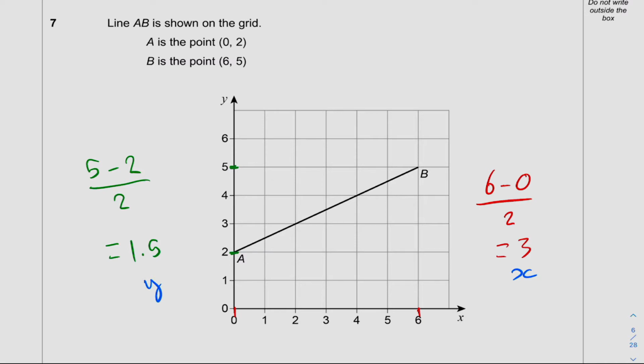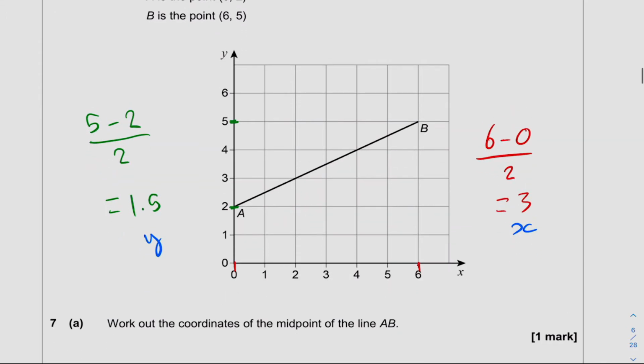Now we start with our smaller coordinate, so the one that's at the bottom of the line, which is (0, 2), and we add the values that we've just worked out to (0, 2).